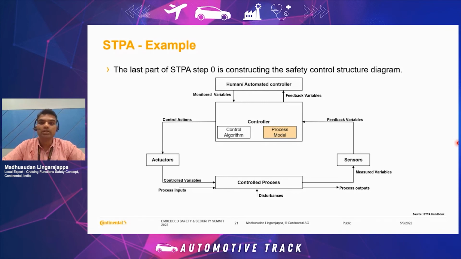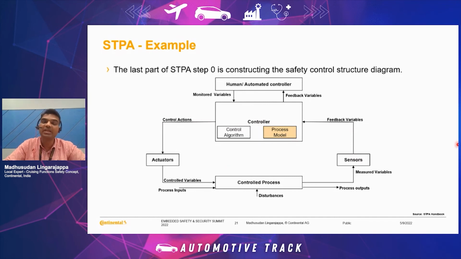One is the level 2 system, and the second controller is the driver, because in our case he's the fallback and he's responsible for monitoring the environment. Actuators could be our steering system or braking system, and our control actions could be acceleration, deceleration, and steering.